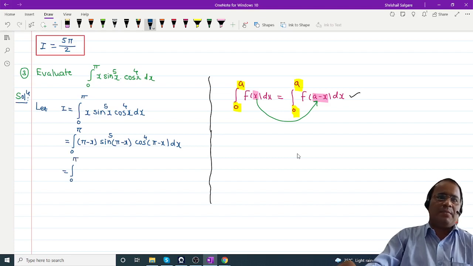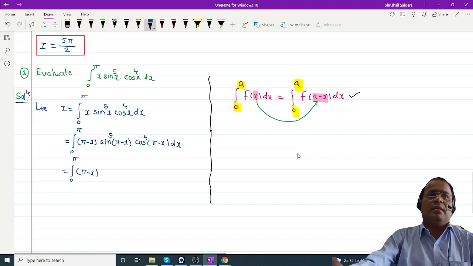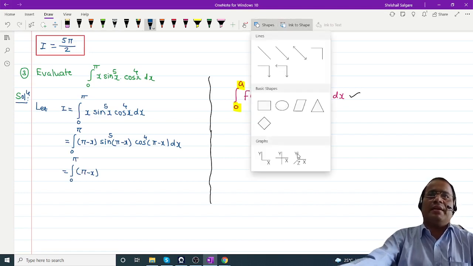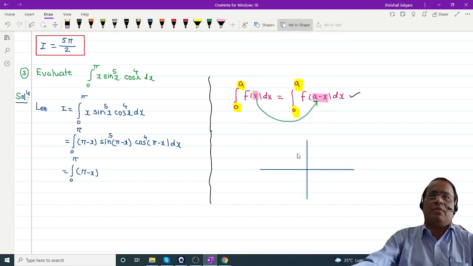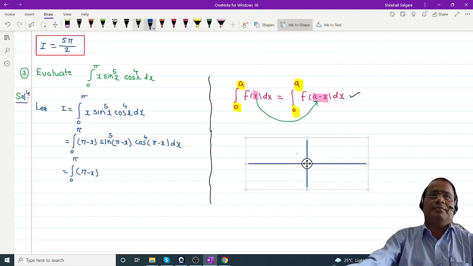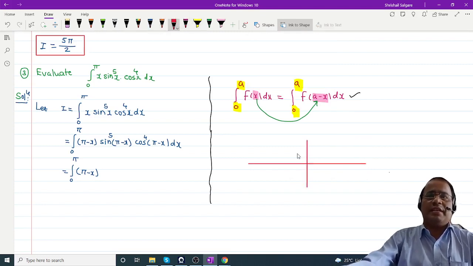The first term I will write as it is, pi minus x. Now I will take a quadrant here. I think you have studied the property. This is the first quadrant. So sine is related to which axis?